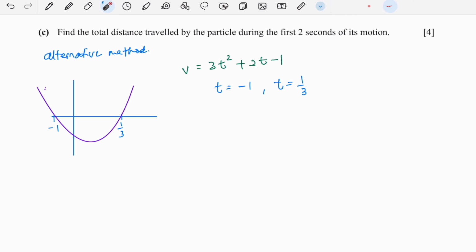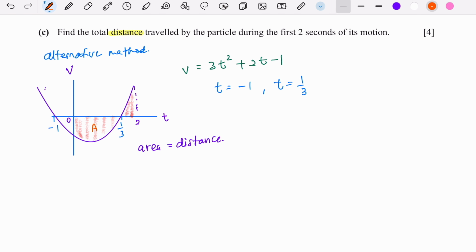The property of a velocity-time graph is that the total distance is the area under the curve. We want to find the total distance from time 0 until 2, so we need to find the area from 0 to 1/3 and then add that from 1/3 to 2.